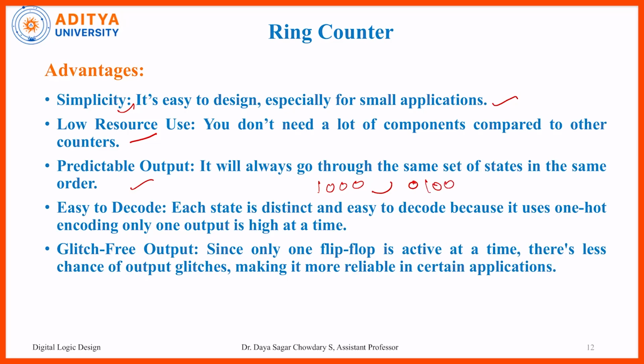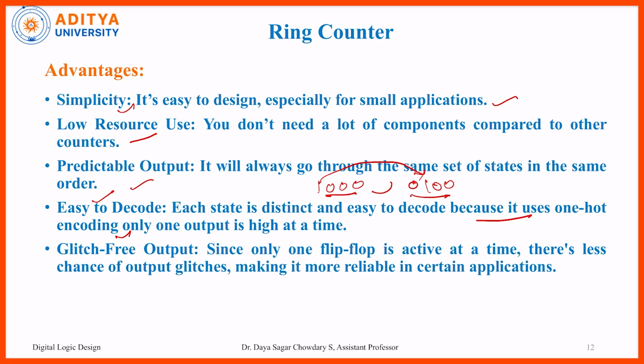Because this is a 4-bit counter, the output is also 4-bit, but for one clock signal the 1 is moved to the next stage. So the output is predictable and easy to decode, because this is a decoding concept. Each state is distinct and easy to decode because it uses one-hot encoding, only one output high at a time.